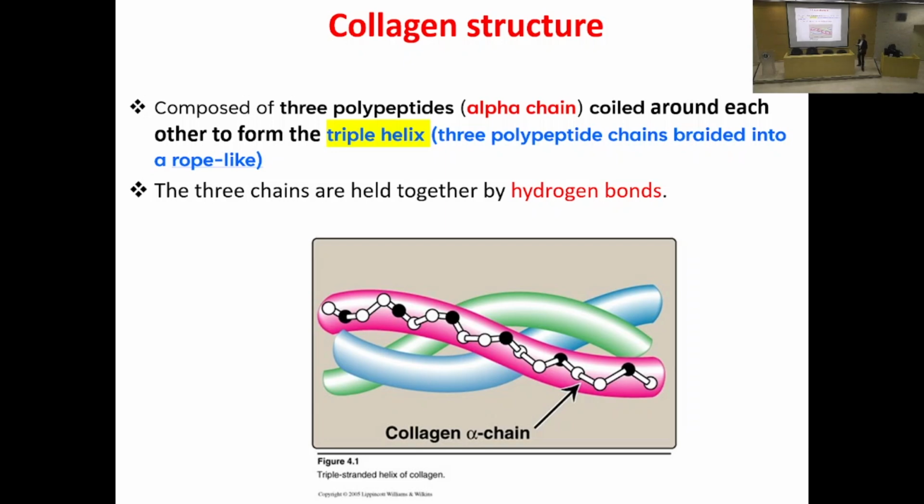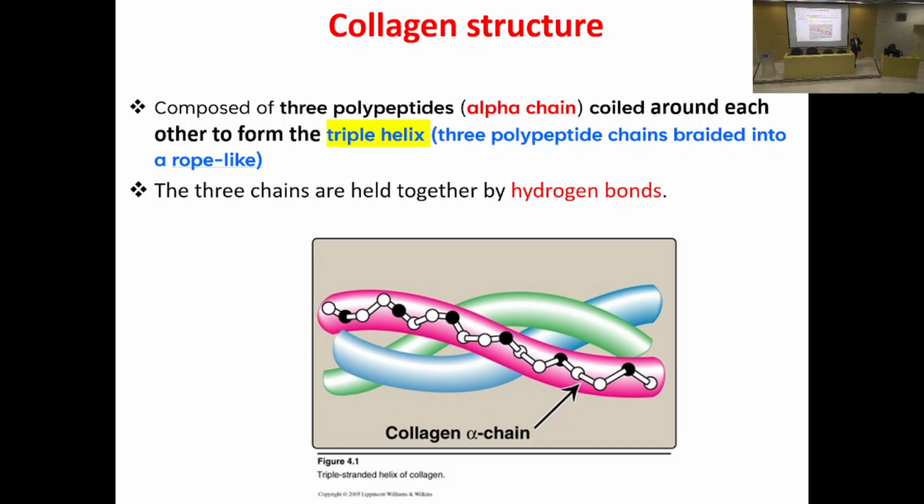So we have three alpha chains, and these alpha chains are twisted around each other to form a triple helix structure. So the structure of collagen is a triple helix, made of three chains twisted around each other, like a rope. And this triple helix structure is stabilized by the presence of hydrogen bonds.